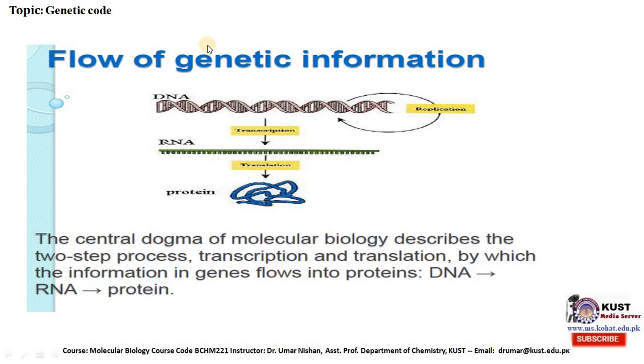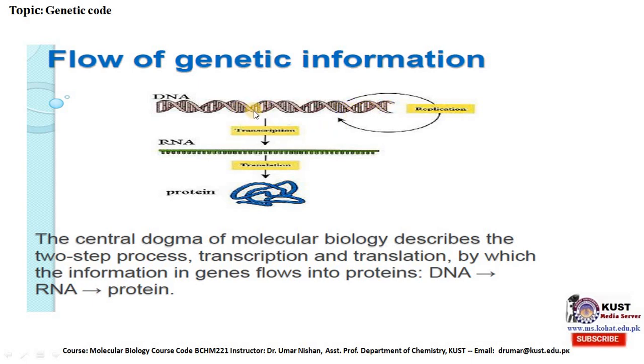Now, the flow of genetic information, this is just to recall to you, according to the central dogma of molecular biology. We have DNA. The information from DNA is transcribed to RNA. DNA itself, from one generation to another, or when the cells are divided, passes through the process of replication, in which its copy is produced.